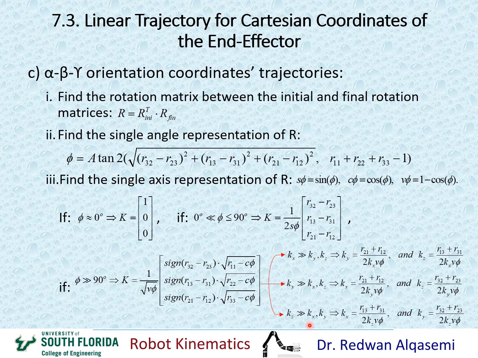And if kz is the highest one among the three, higher than kx and ky, that means I'll have to change kx and ky as such here. So all these conditions, if followed, give me the single axis representation of the rotation matrix. So by the end of this step, I have the single angle, which is phi, and the single axis, which is k in this case, that represents the rotation matrix, which is the difference between the initial and final rotation matrices that are given. And again, if you need more information about how these are derived, you can go back to the reference that I provided in the previous slide.